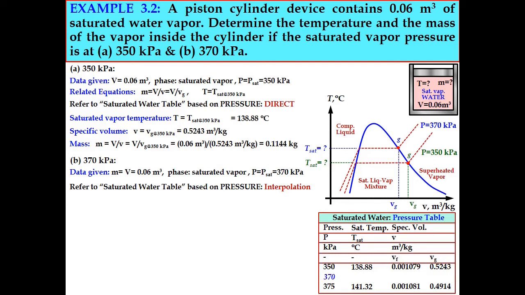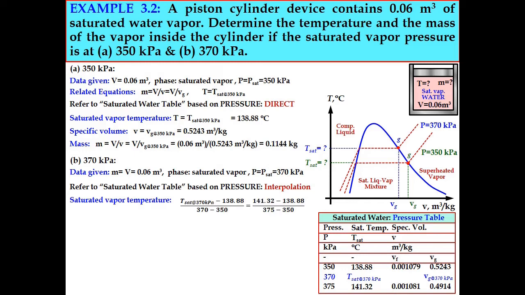So we need to make interpolation based on the table. The saturated temperature at 370 kilopascal will be in between 138.88 and 141.32. So we need to make interpolation between the pressure data and the temperature data. Similar goes to Vg.